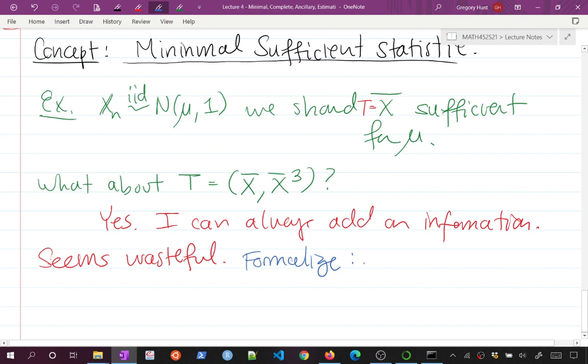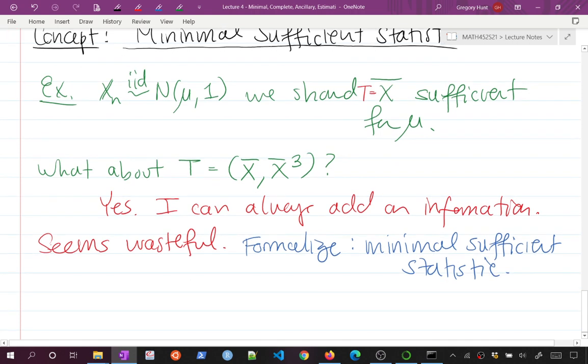in terms of what's called a minimal sufficient statistic. And a minimal sufficient statistic is a sufficient statistic that contains no extra information. No extra. So let's say sufficient, but no extra information.